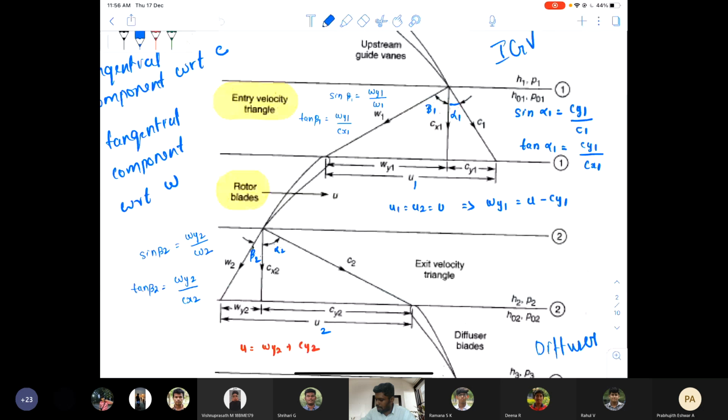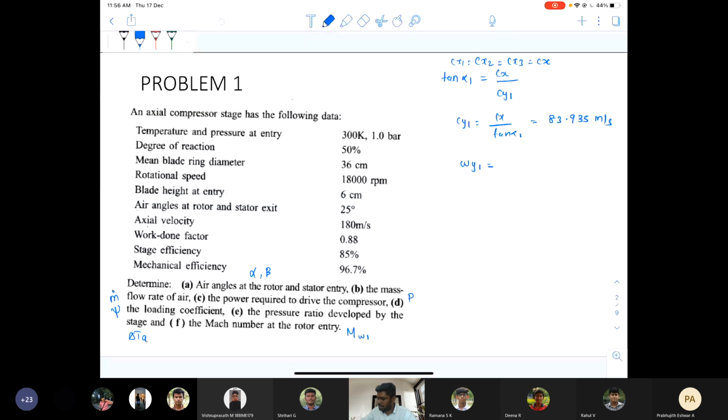Now substituting that equation, wy1 is equal to u minus cy1. Here the value of u is unknown, so you should find the value of u. We know that the peripheral velocity is given as pi D N divided by 60, which is equal to pi into 0.36 into 18,000 divided by 60.